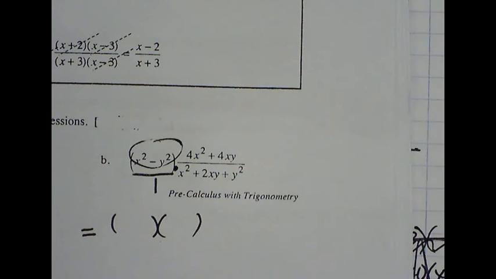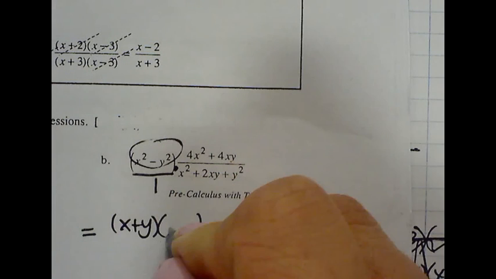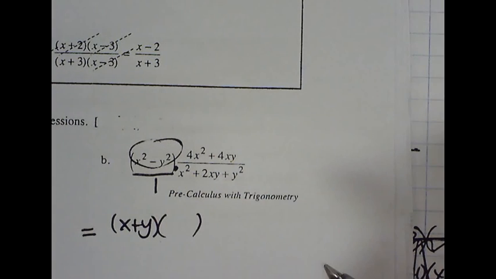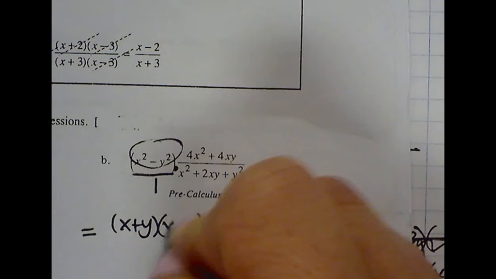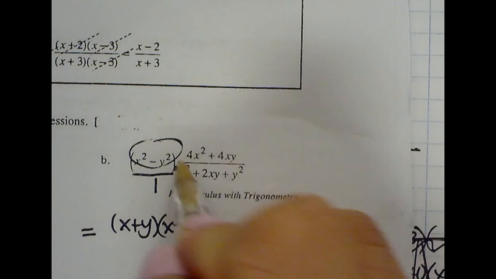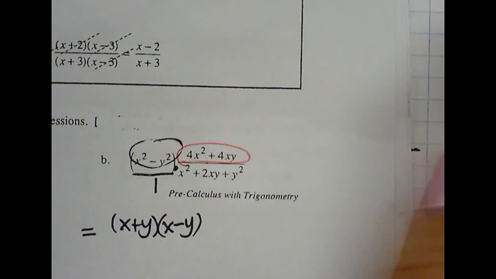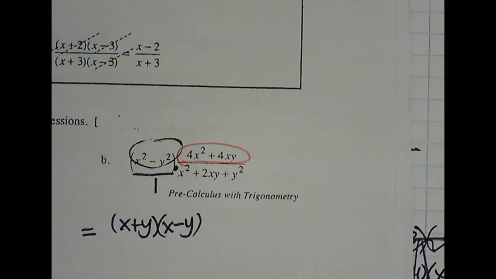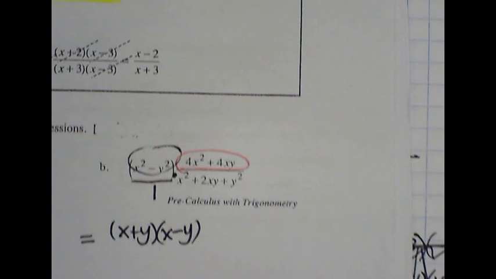You guys agree? Okay, now let's factor this one. What can we take out of that? 4x. Thank you. If I take out a 4x from here, what's left? x, and what's left here? y, plus y, excuse me. Okay?